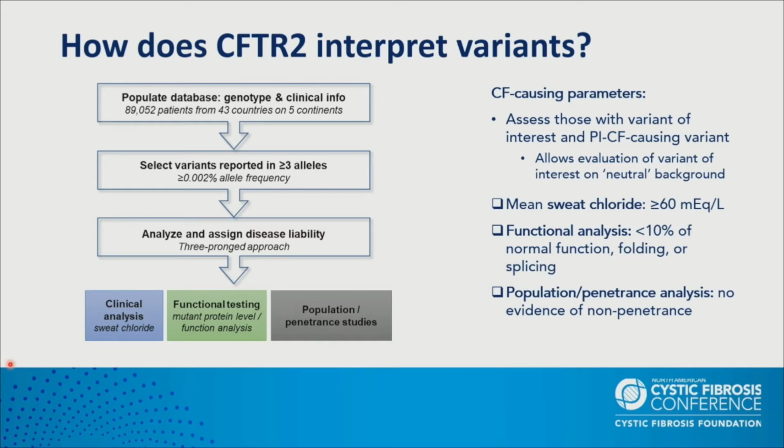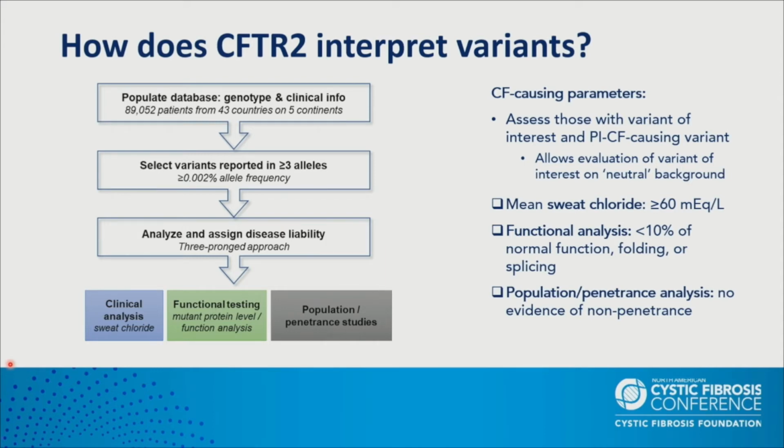What we're looking for to call things CF causing are people with a mean sweat chloride of more than the diagnostic threshold, so 60 or more. We want to see less than 10% functional testing of normal CFTR. We know below that threshold is when we start to see features of CF. And we want to make sure that there's no evidence of non-penetrance, which is maybe the worst way to describe something.